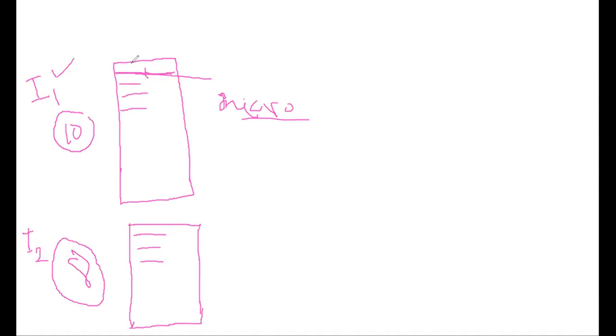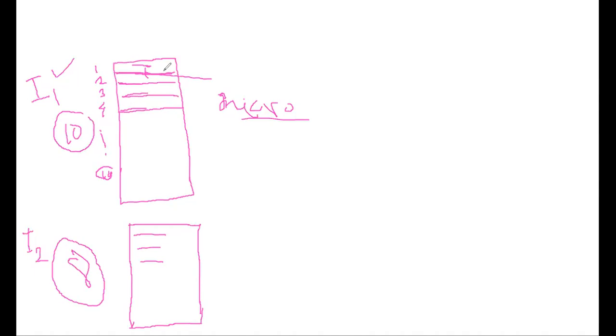There may be one micro instruction, maybe micro instruction number 1, number 2, number 3, number 4. In that way it may be a total of 10 micro instructions. Clear? 10 micro instructions are there.